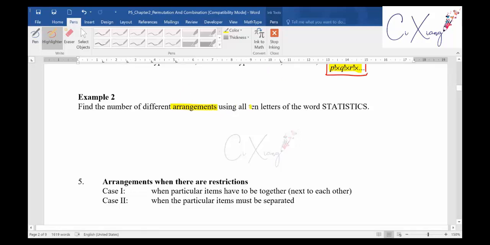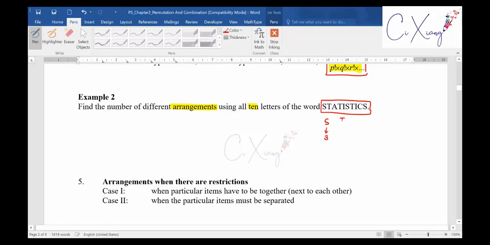Using all the 10 letters of the word statistics, they want you to arrange all the letters. If you look at the letters inside, there are some repeated letters. How many repeated letters for S? You have 3 S.